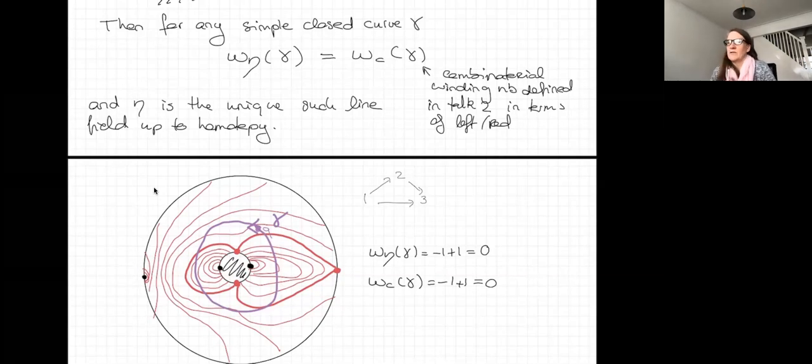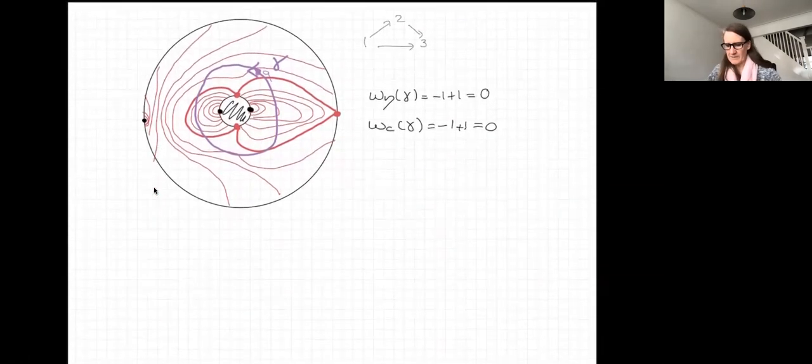Okay, so now that we have translated the winding number into our geometric model, there's maybe a chance that we can actually get something about derived equivalences.